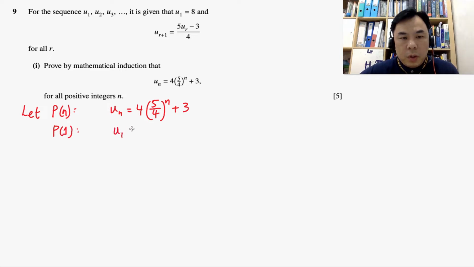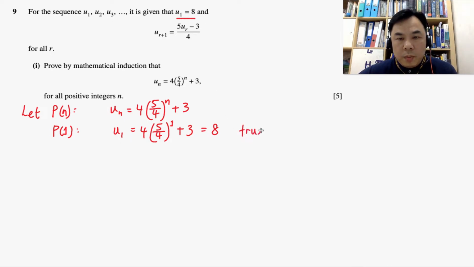Therefore, I will have u1 equals 4 times 5/4 plus 3, and that basically gives me an 8, which is the same as the one given. Therefore, this proposition is true for n equal to 1.